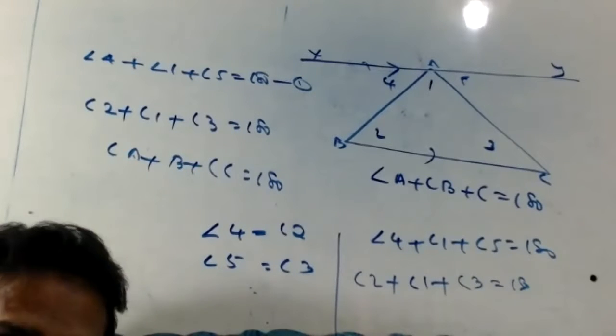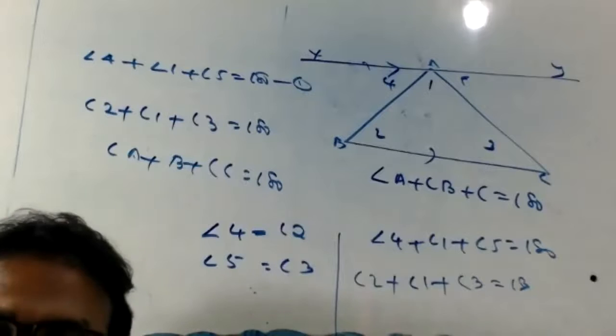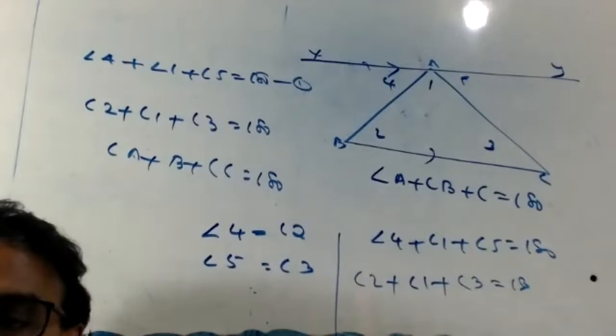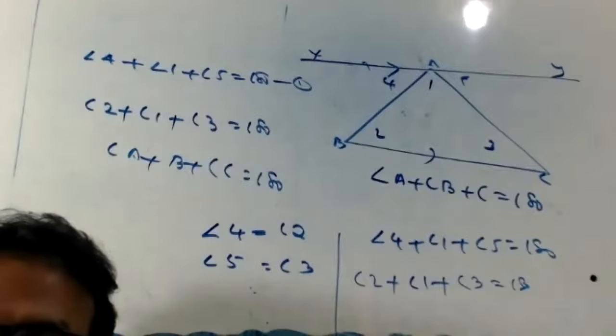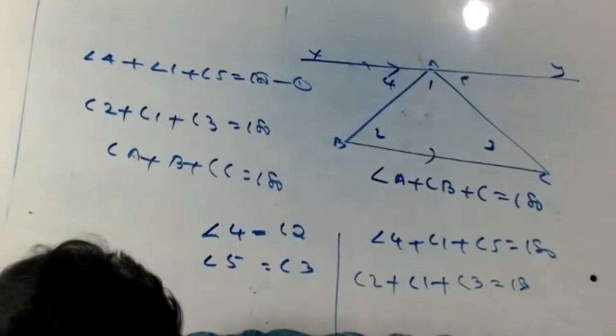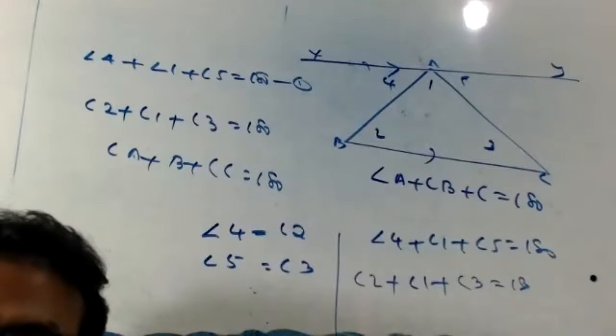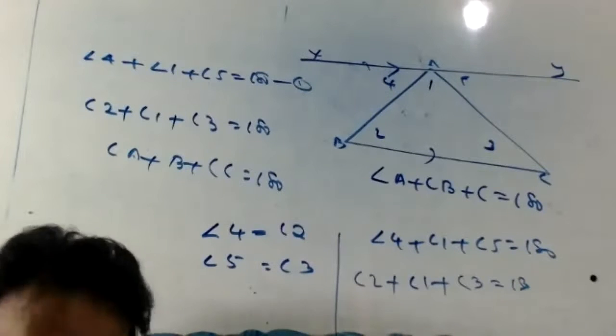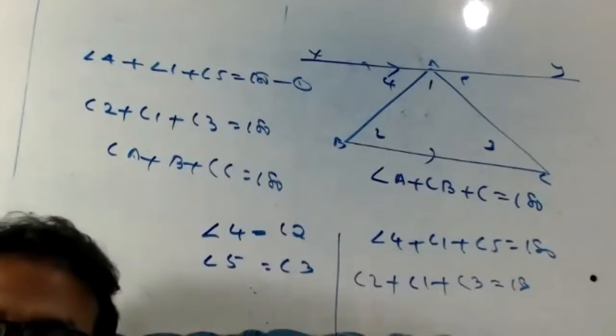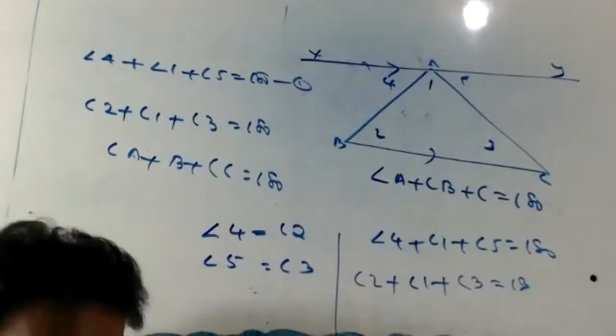Okay, try now. Angles are in the ratio 1 is to 2 is to 3. How much? 30, 60, 90.